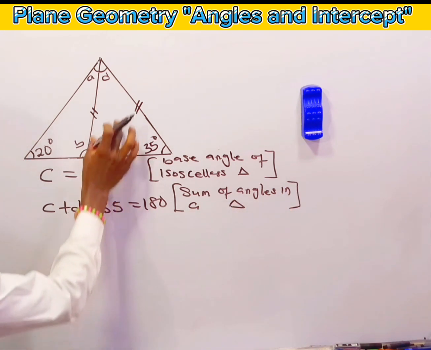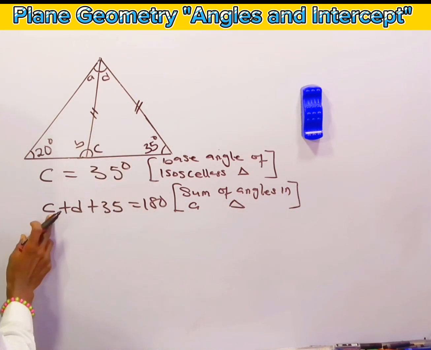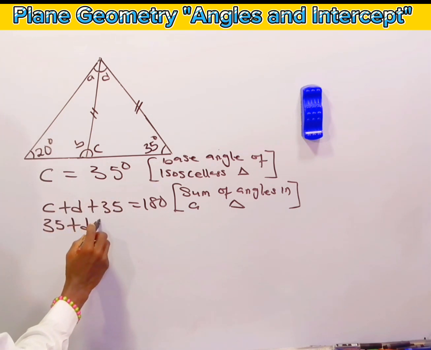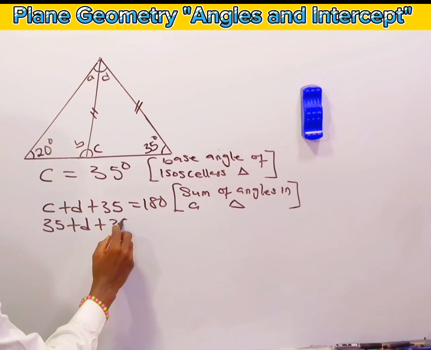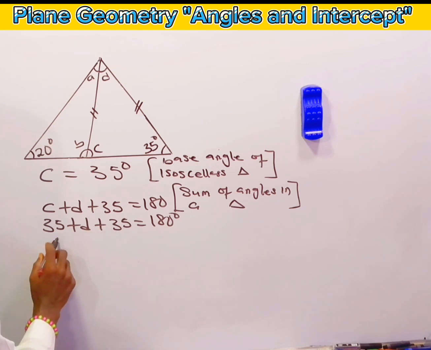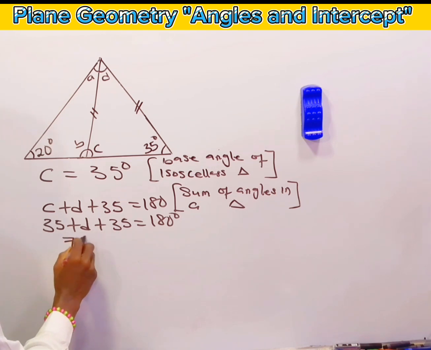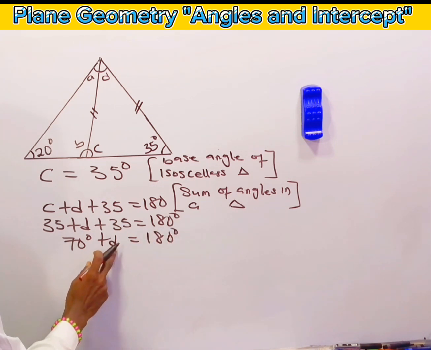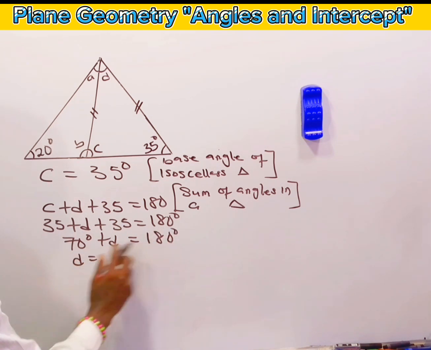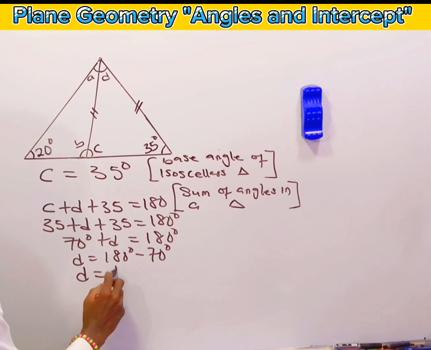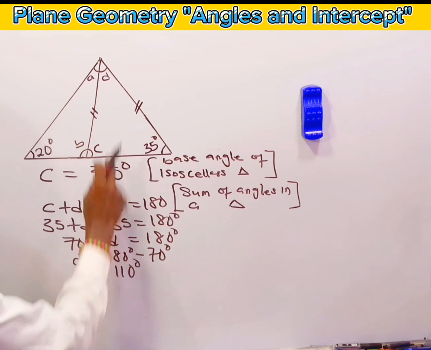But C is 35 degrees, so we say 35 plus D plus 35 is equal to 180 degrees. 35 plus 35 gives us 70 degrees plus D is equal to 180. Now D will be 180 minus 70. That makes D equal to 110 degrees.